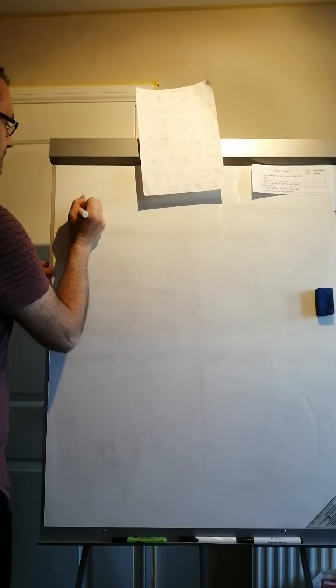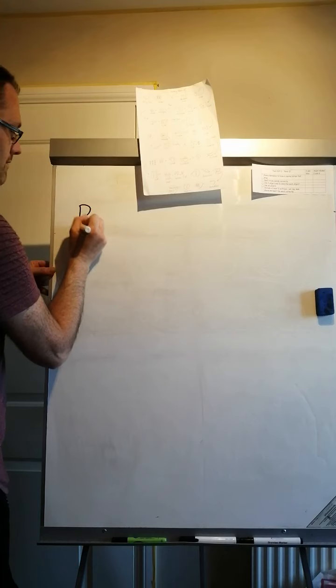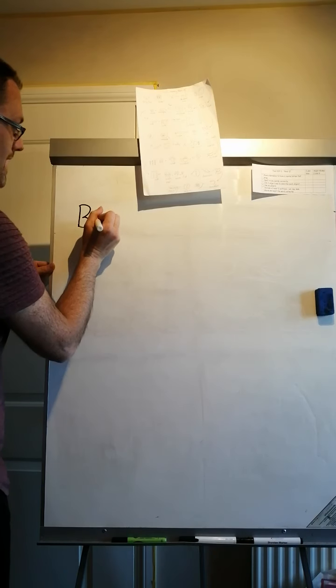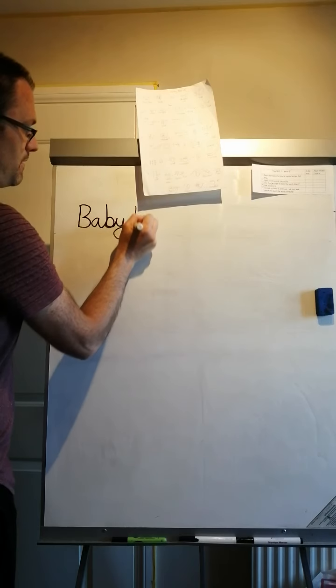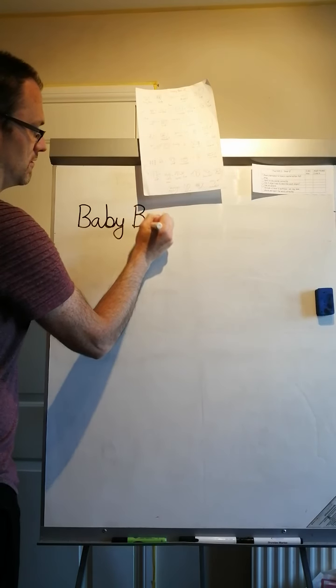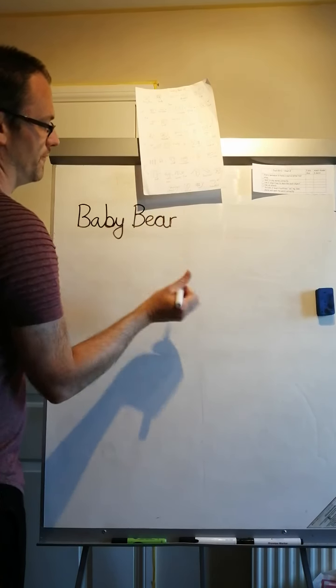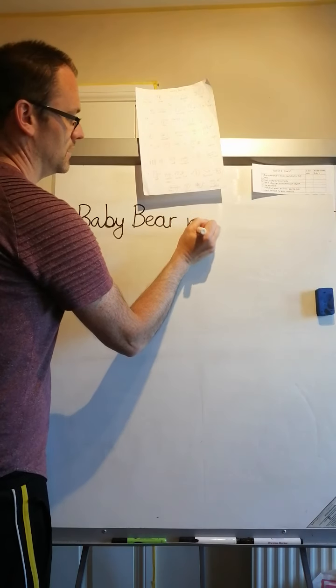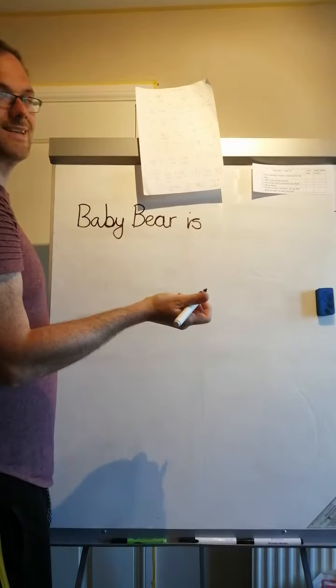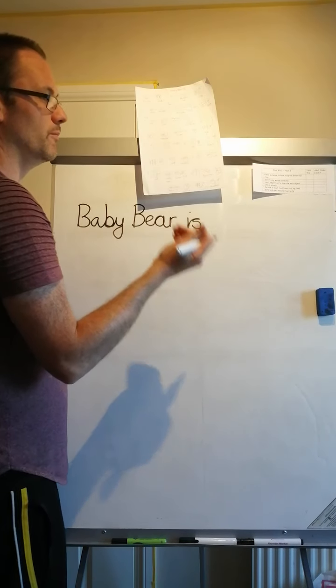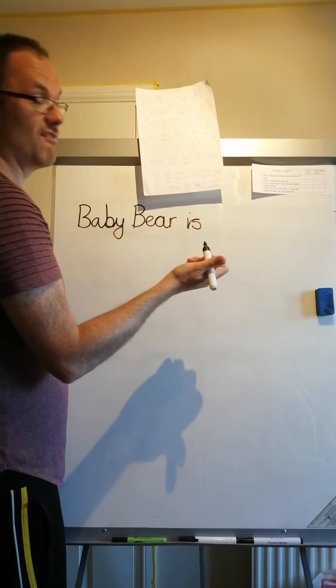So Baby Bear, capital letter, start of a sentence, but it's also a name. Baby Bear is, what's he going to be doing? Right, he's just about to get in the bath. So what's he going to be doing? He's running around the house.